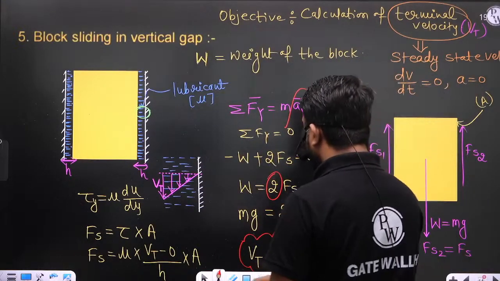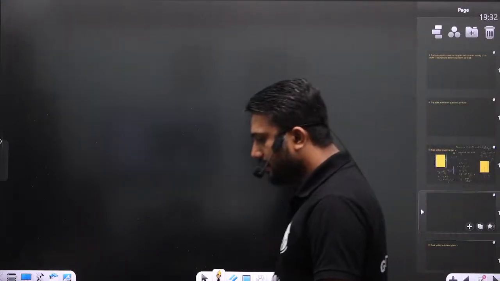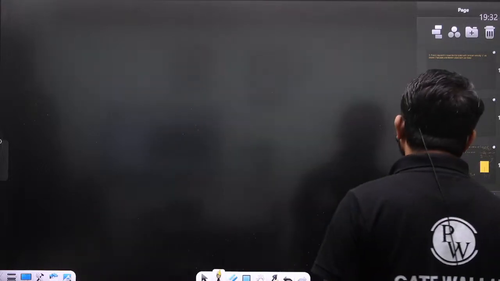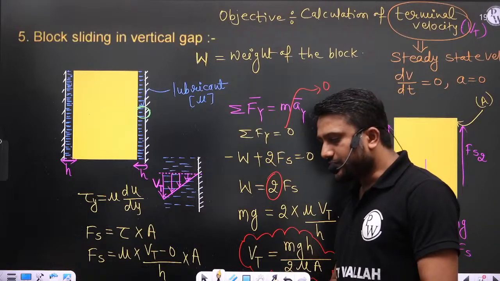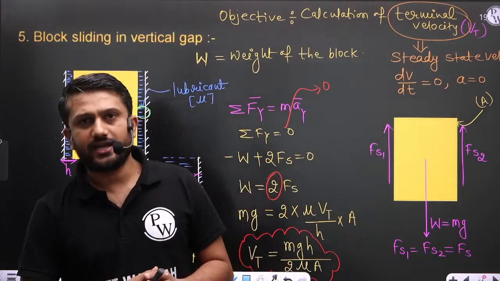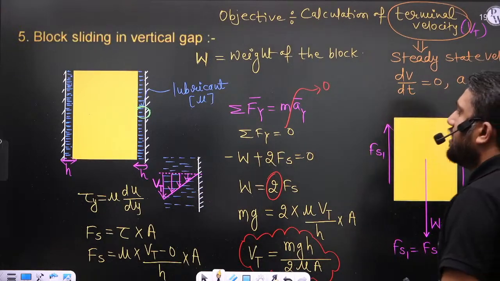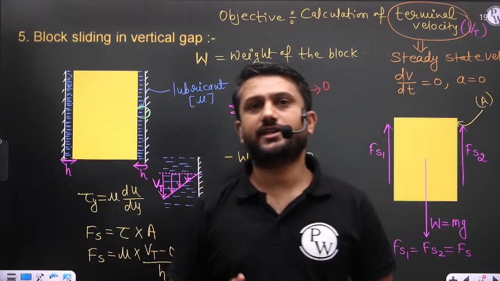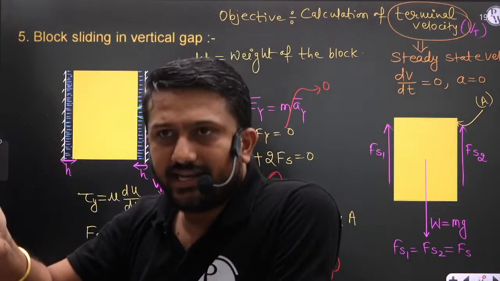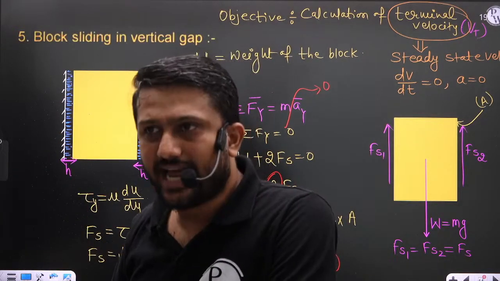So this is the first objective. Now beta, can you tell me, if I'm talking about this block, initially what is the velocity of this block? Initially the velocity of the block is 0, and after some time the velocity reaches the terminal velocity. So before attaining the terminal velocity, how does the velocity of the block vary with time?